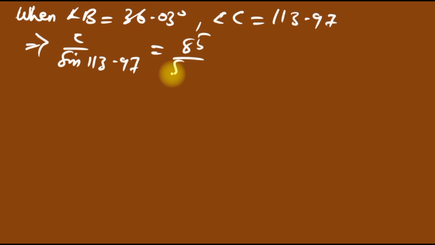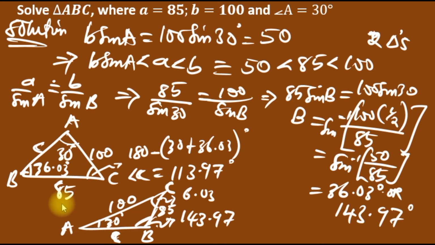85 over sine 30. Do you remember from this first triangle? So we're applying sine rule. 85 over sine 30 must be equal to c over sine 113.97.